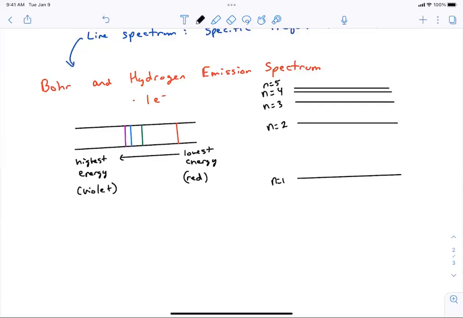They could only exist on these certain energy levels. And therefore, only those jumps could happen, which are what shows these colors of light.